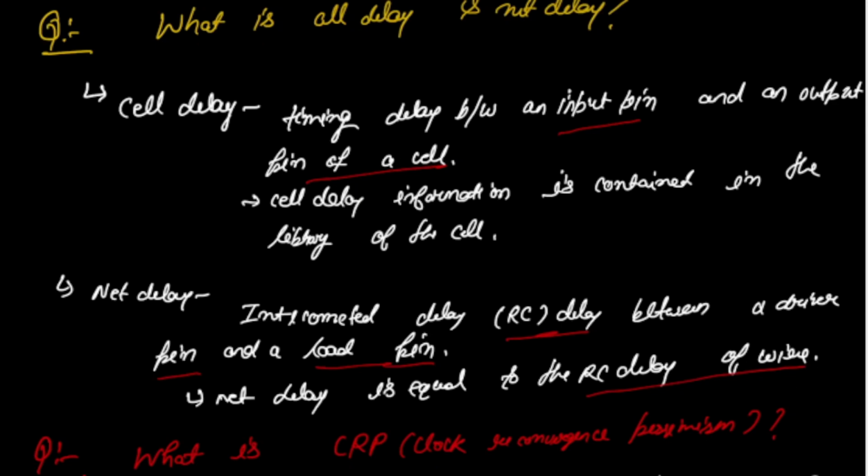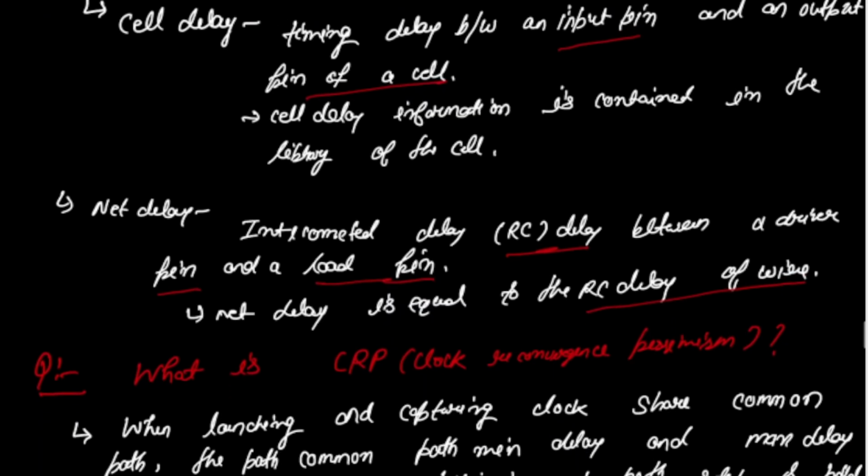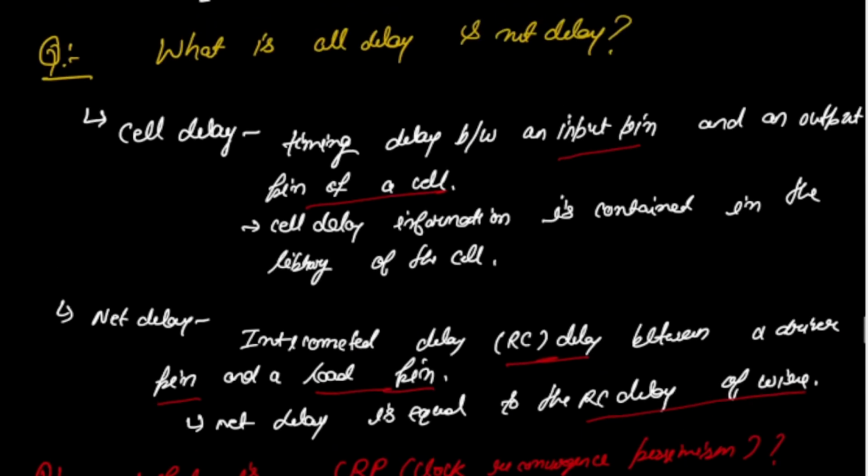RC values come from parasitic extraction. So these are cell delay and net delay.